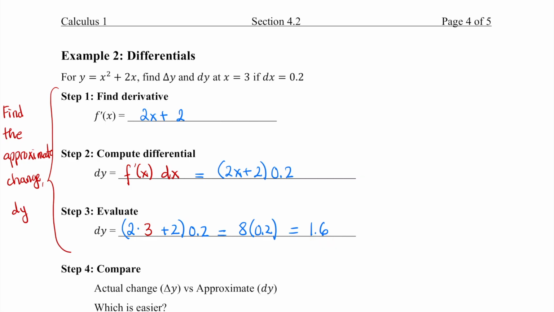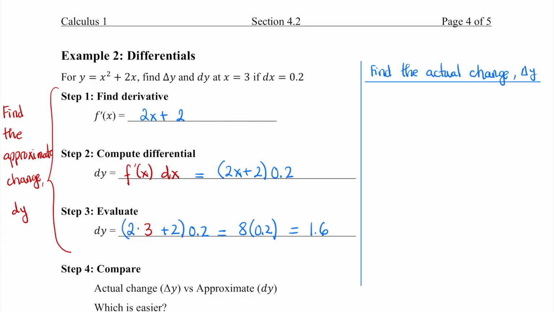Now, I need to find the actual change, delta y. Delta y equals f of x plus dx minus f of x. x is 3 and dx is 0.2. So I will replace x with 3 and dx with 0.2.